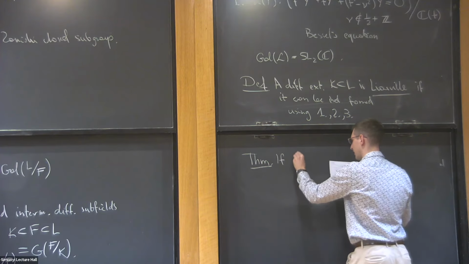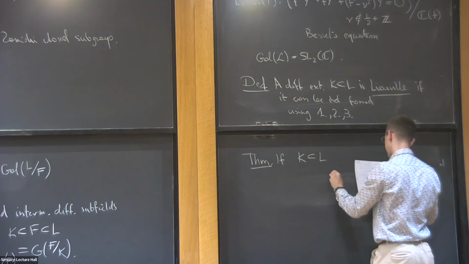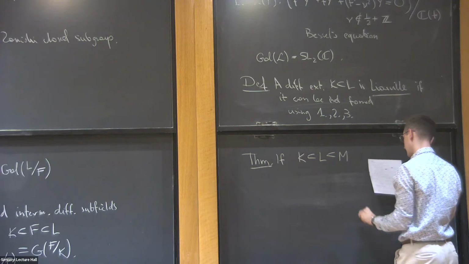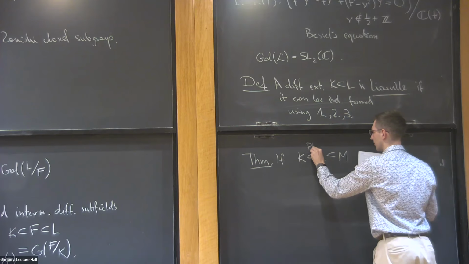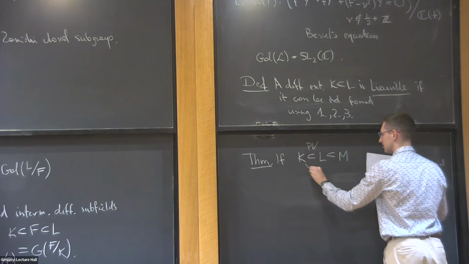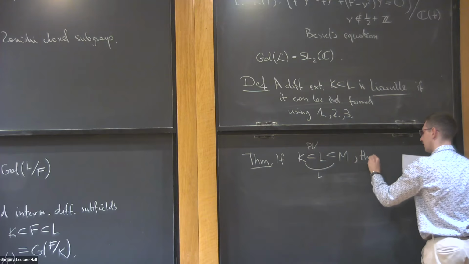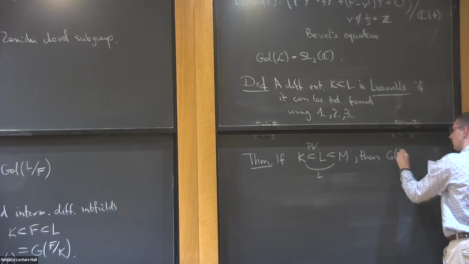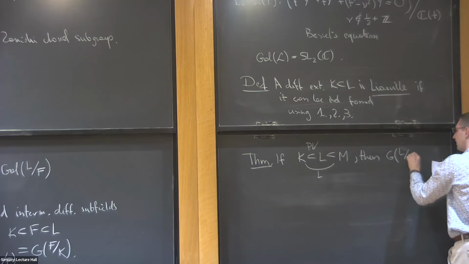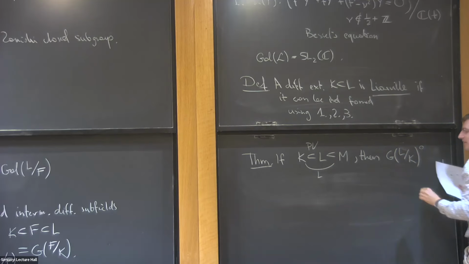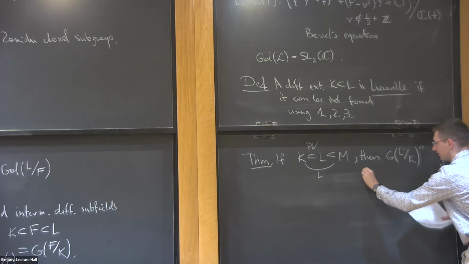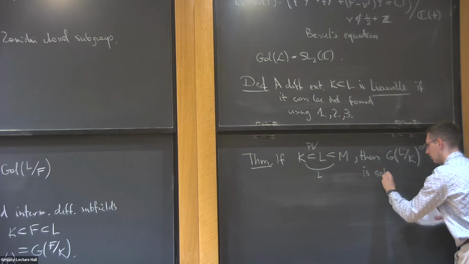So if I have K inside L and inside some M, such that L is Picard-Vessiot over K and M is Liouville, then if I look at the Galois group of L over K, up to finite groups, so I take the connected component, then this group is solvable.